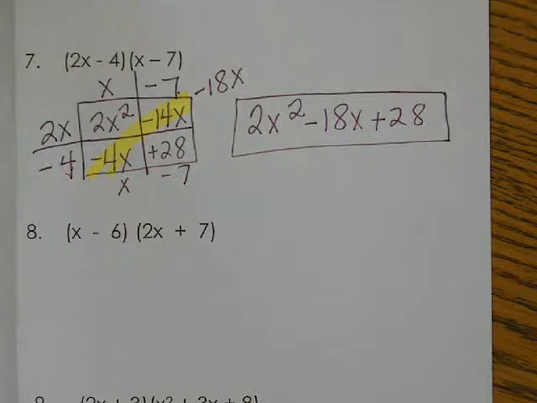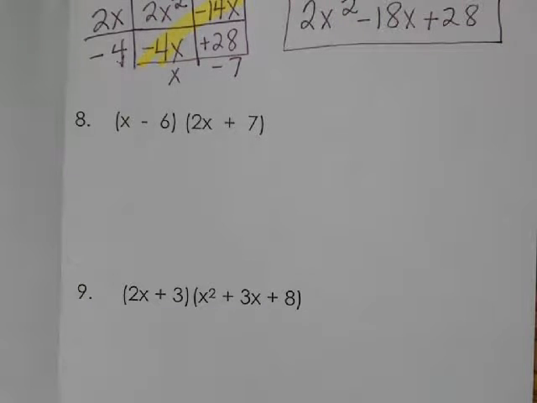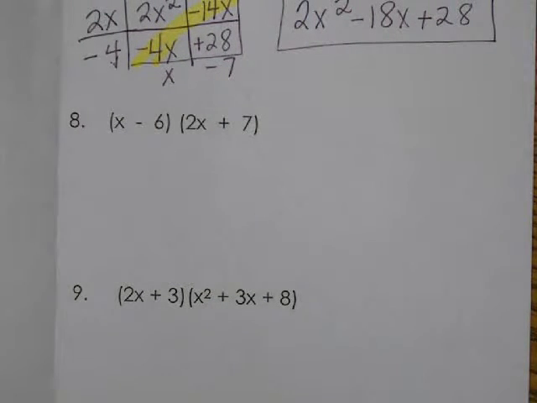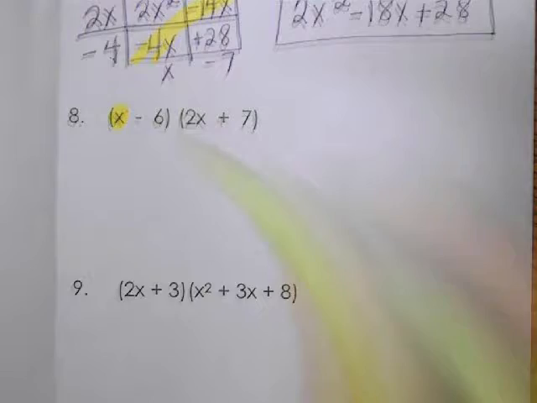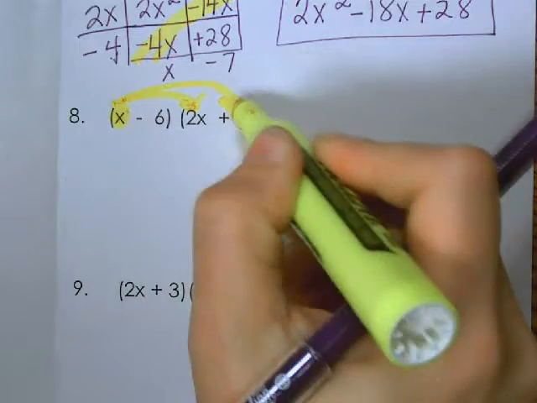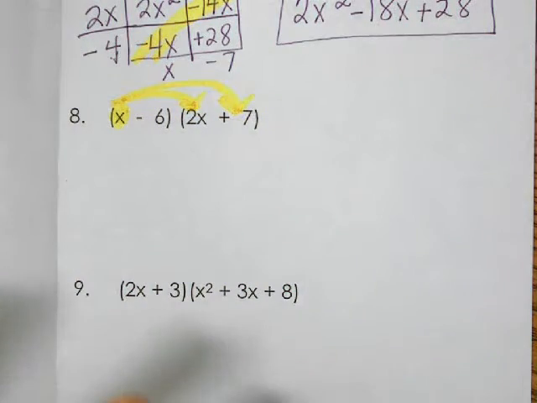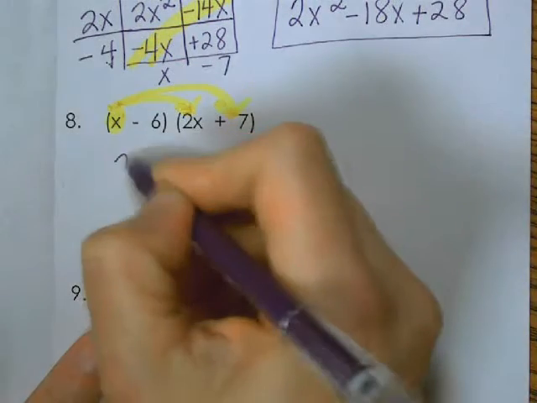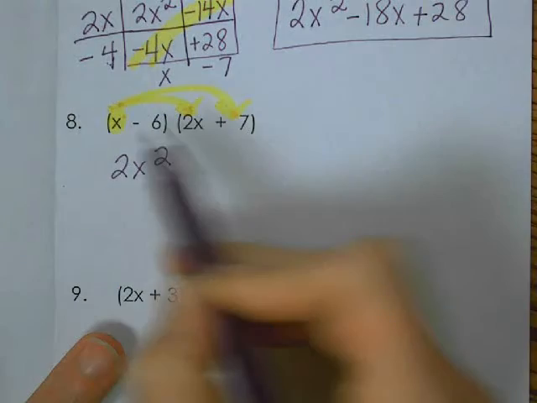All right. For those of you who like the double distribution method better, I'm going to show one example like that. So let's see number 8. First, I'm going to multiply my x times 2x and my x times 7. So x times 2x is going to be 2x squared.